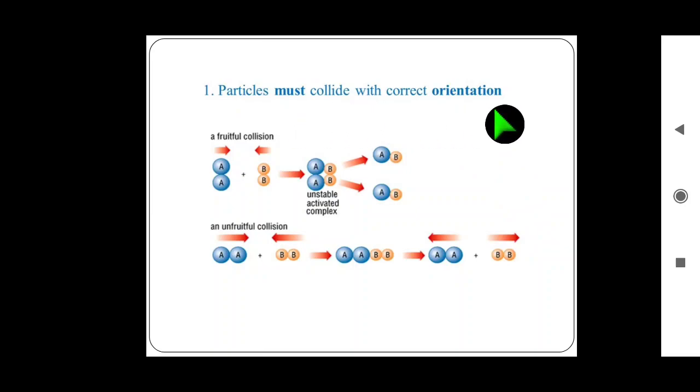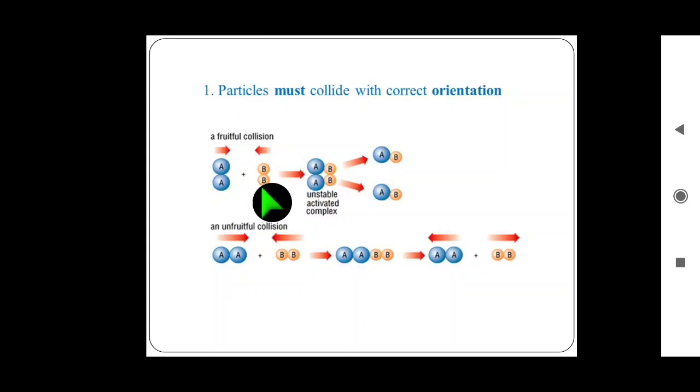Here, for making an effective collision, what is the condition? The particles must collide with the correct orientation. Here we can see two types of orientation.